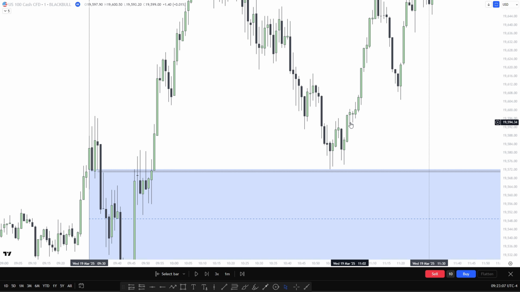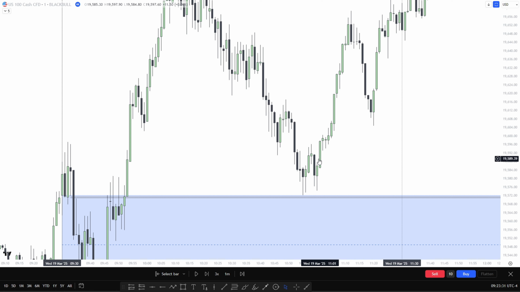And then it displaces. So here, initial displacement is here on the left, goes down, touches it. What time is it? 10:55. So that's the next macro window. Then another displacement. This here is a breakaway gap.